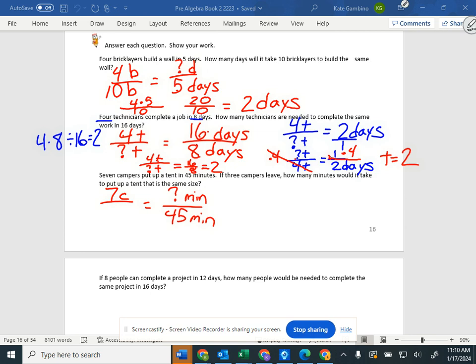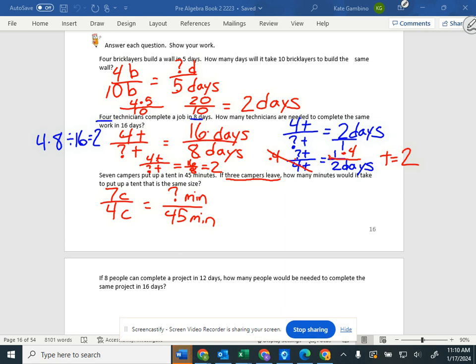Nobody should be on the second page. We are all on that first page. 3 campers leave. So how many campers are left working on it? There are 4 campers left. Make sure that you are not rushing and that you read your word problem completely.